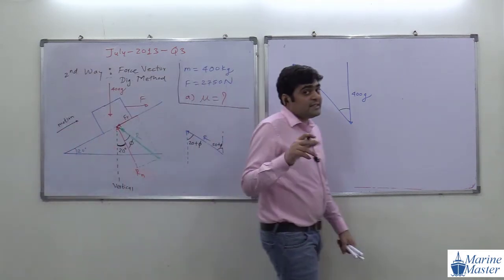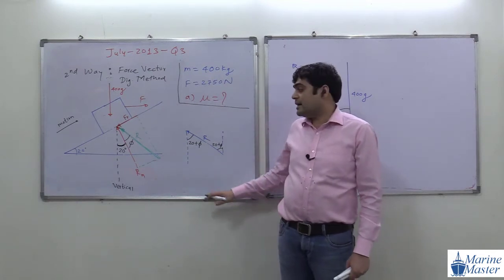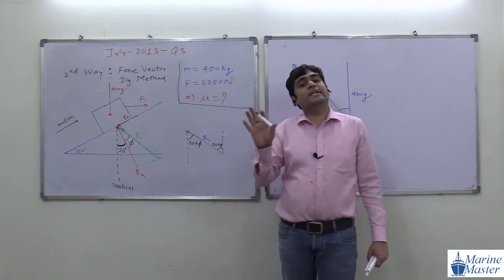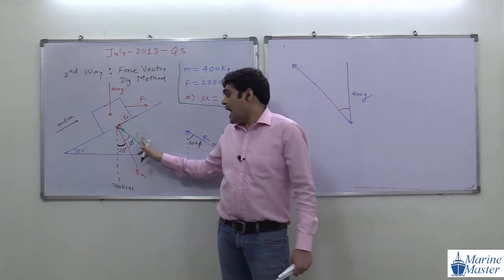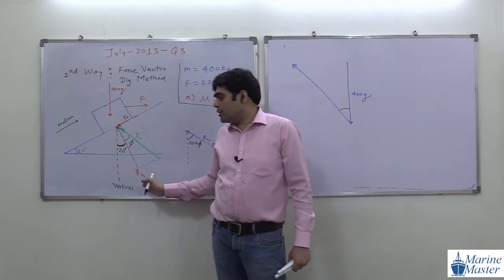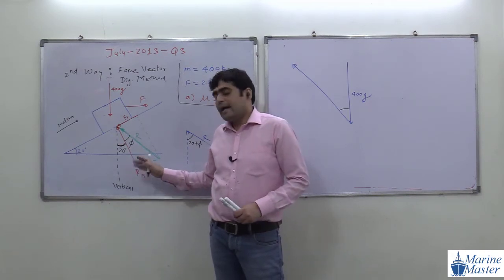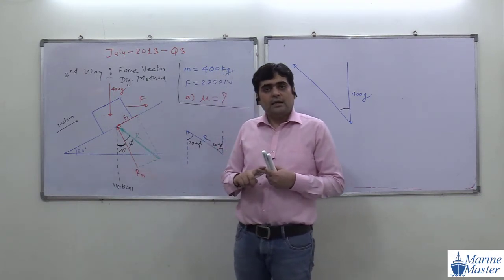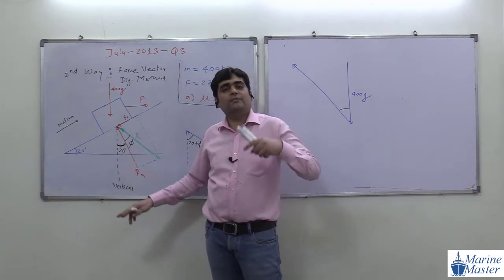In the earlier question, the plane was horizontal, so the angle between R and the vertical was directly phi. Phi means the angle between R and Rn, and earlier Rn was vertical.